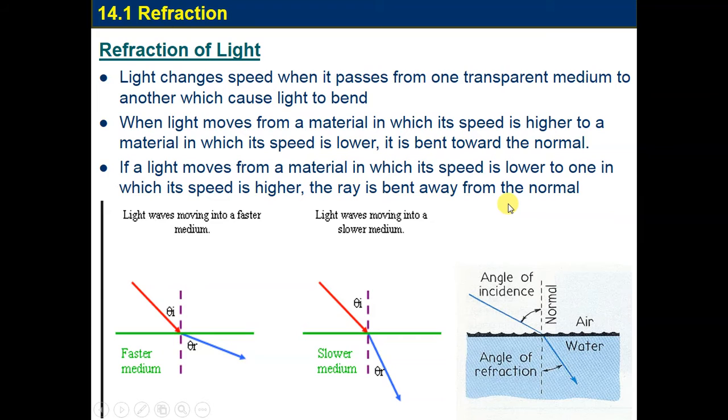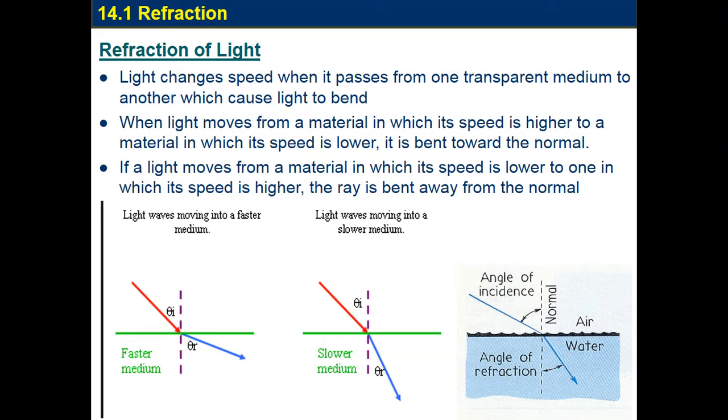Now when the light enters a new medium, such as water, which is more dense, the particles in water are more packed together, so the light will be slower in water than in air.